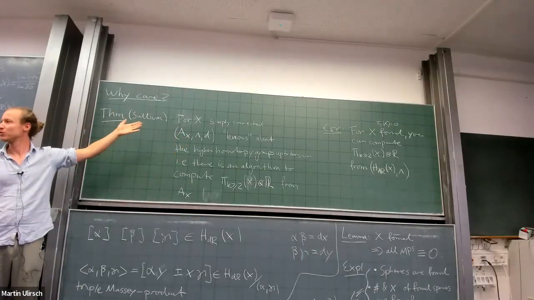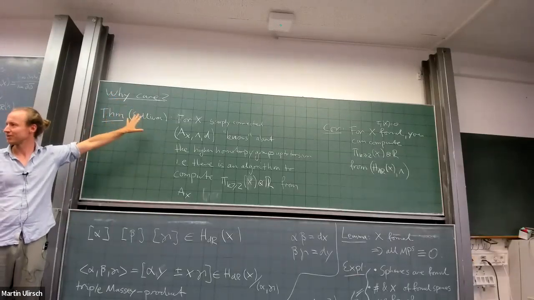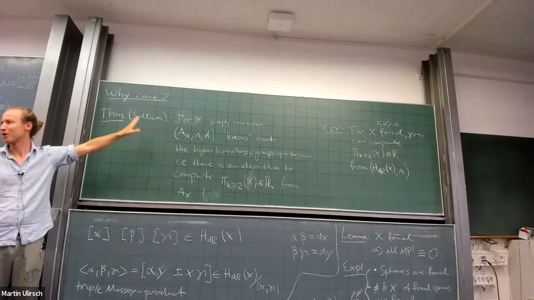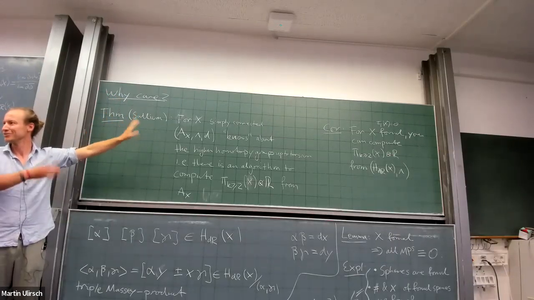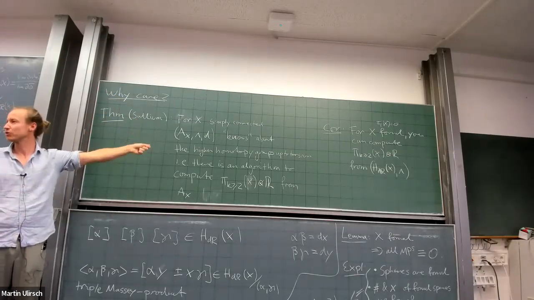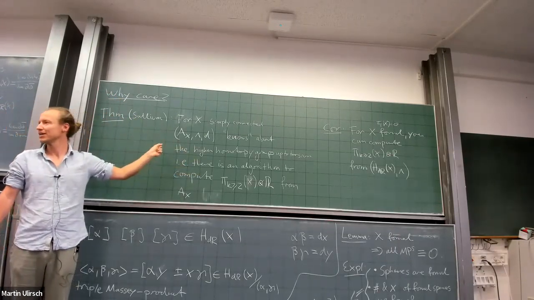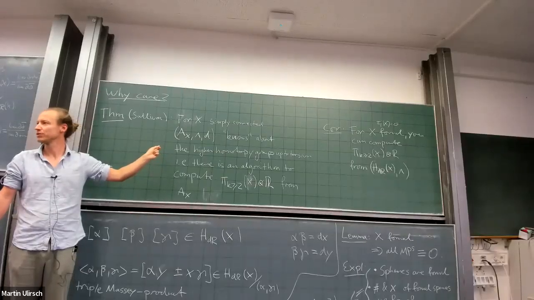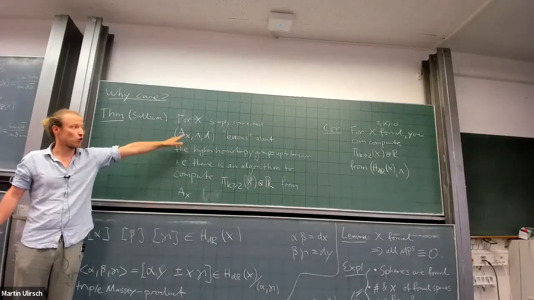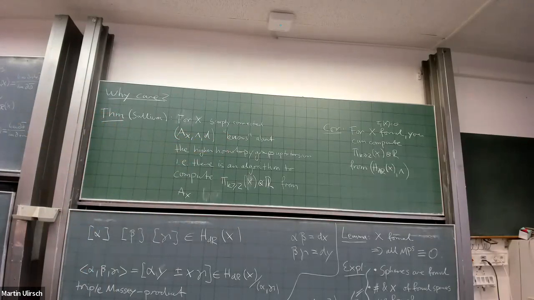Spaces up to rational homotopy equivalence are classified by the homotopy class of their algebra of forms. Now you have to say what the algebra of forms is if you want to do this over Q, and then you have to bring in more technology, and I don't want to avoid that, but modulo this issue, yes, there is a reconstruction procedure. If you know this with the rational structure, you can reconstruct your space up to rational homotopy equivalence from the algebra of forms, and if you're formal, then you can reconstruct it from the cohomology ring.